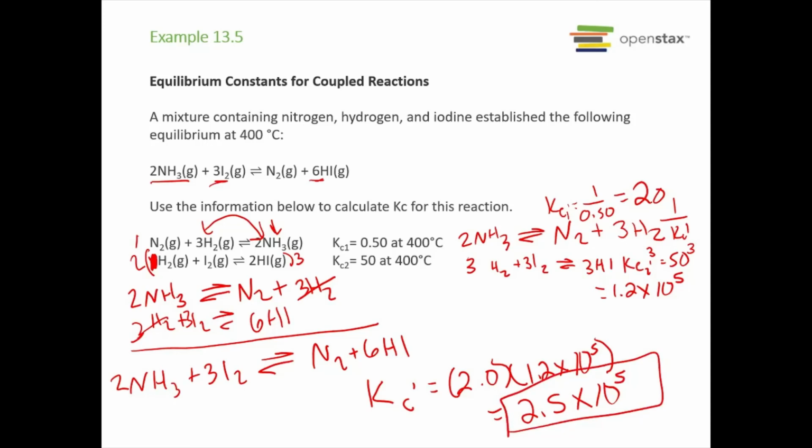We had to reverse the reaction, so we took the reciprocal of our K. We had to use a coefficient to change the second one, so that means that since we multiplied everything times 3, K was then raised to the 3rd power. And then we went ahead and added the reactions up, which is the same thing as multiplying the two Kc's.